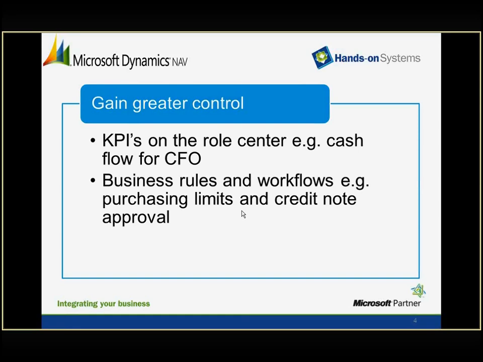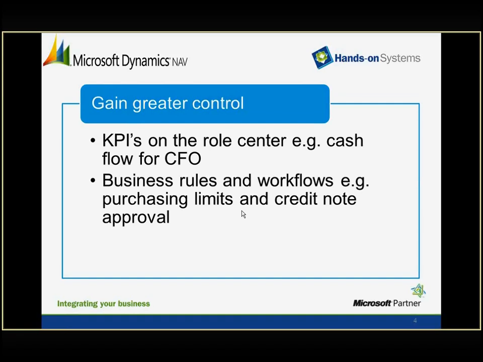As an example, someone who's a CFO or a financial person has a role center that's focused on cash and accounts payable and accounts receivable, whereas a manufacturing person in your business will get information around bill of materials and how many jobs are outstanding and what's in the bottleneck in your production runs and so forth. But in each situation, that person is given KPIs, key performance indicators or key information or key reports, very visual, about their business function. And we'll show you that as we go on.